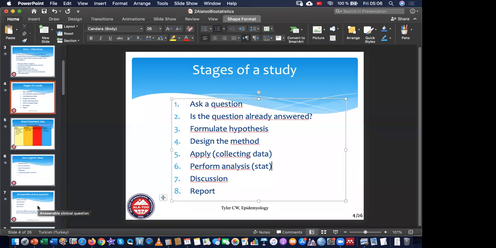Let me ask you something else about the last session. Can you remind me how should be an answerable clinical question? The components of an answerable clinical question. Can somebody repeat it? Do you remember the 4 components we had?